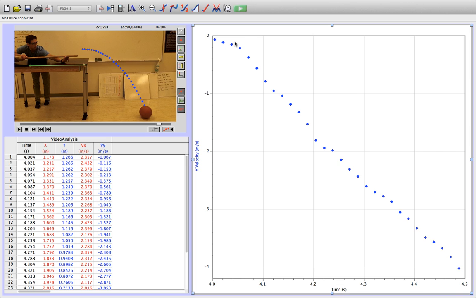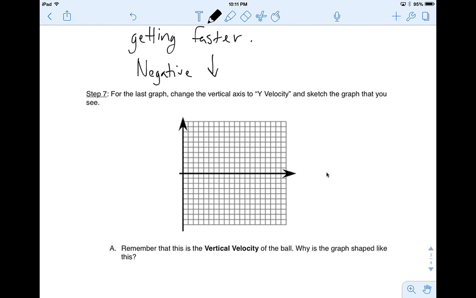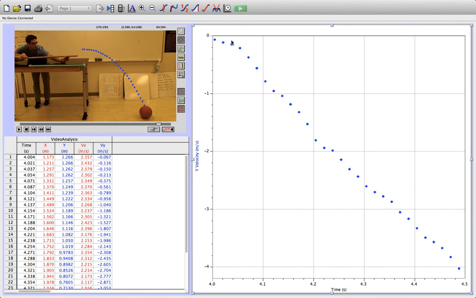And look at that. So it's got little bitty bumps, but really it's a pretty straight line. So when I go back over to my page, I want to draw a straight line. Now, what you need to notice, okay, is that over here, 0 is up top.